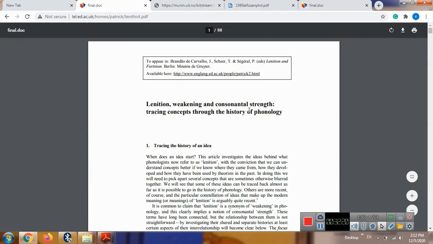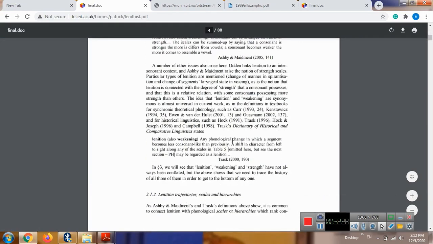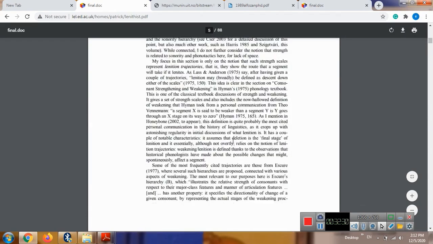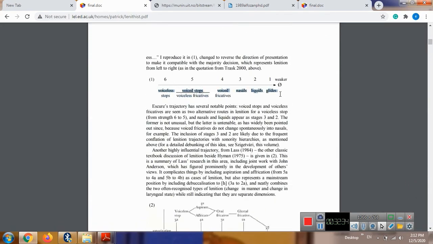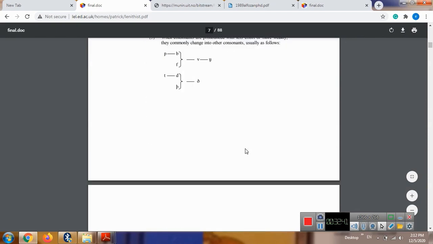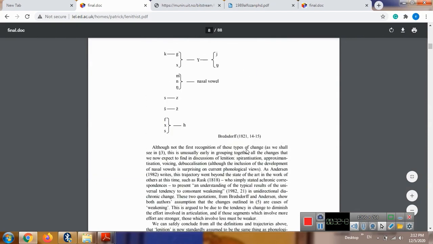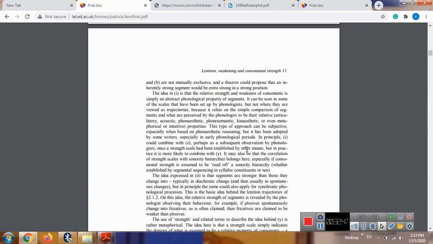Lenition, weakening and consonantal strength: tracing concepts through the history of phonology. It is based on the generative approach, in which we have some rules here. Okay. Here it explains lenition for you, and we can see its rule.